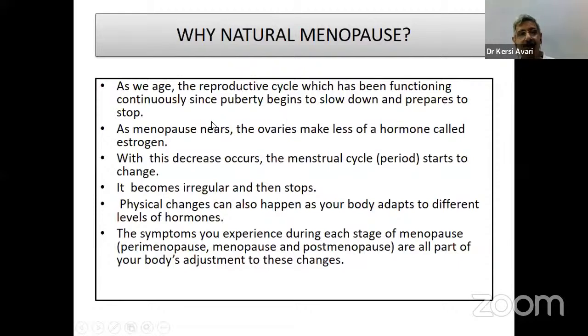Now, what is natural? As we age, the reproductive cycle functioning continues and then slows down, it has to stop. As age increases, the ovaries produce a lesser amount of their endogenous hormone, which is estrogen. With the decrease, the menstrual cycle gets compromised, becomes irregular, it stops, and along with that, body changes also take place.